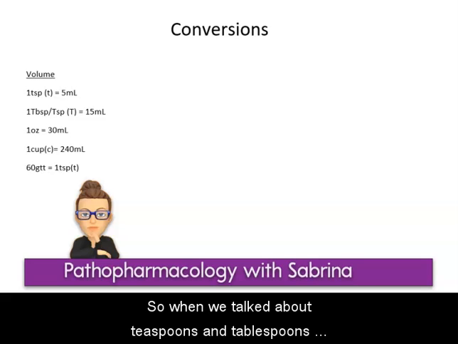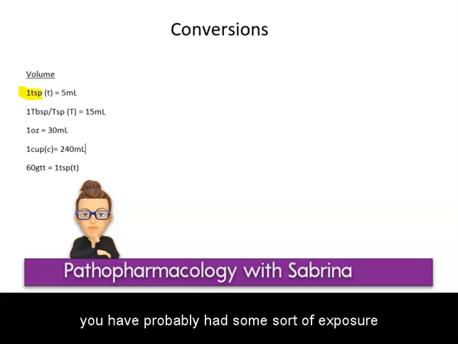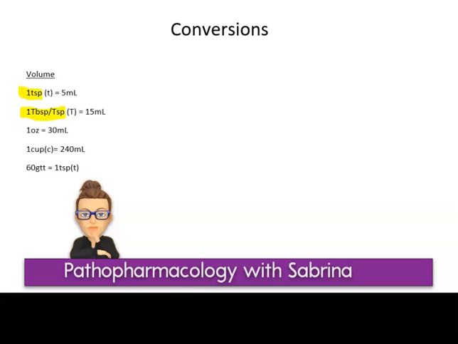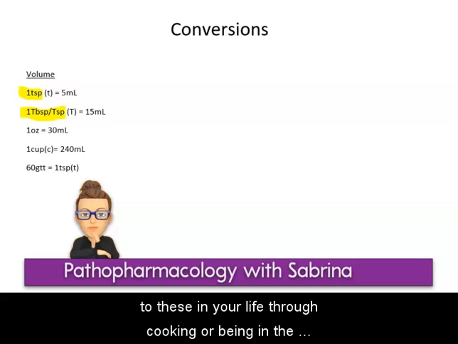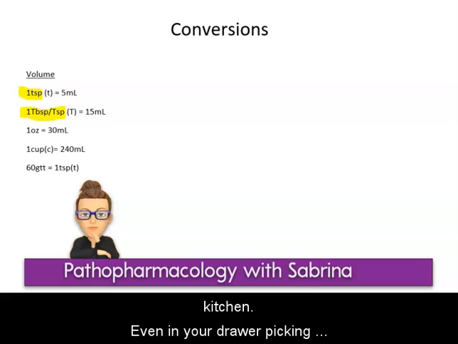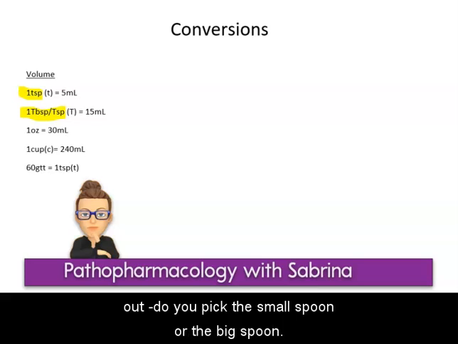So, when we talk about teaspoons and tablespoons, you have probably had some sort of exposure to these in your life through cooking or being in the kitchen, or even just in your drawer, picking out: do you pick the small spoon or the big spoon?